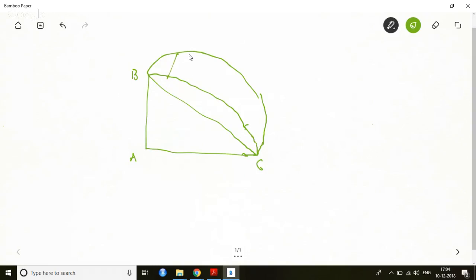So to find the area of this region, what I need to do is find the area of this semicircle. This is P.